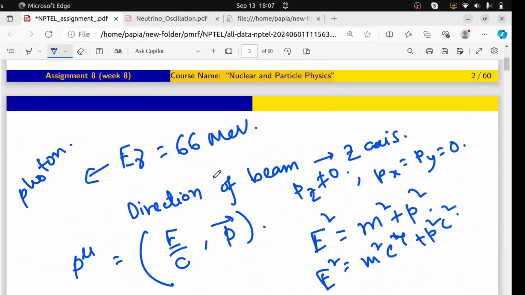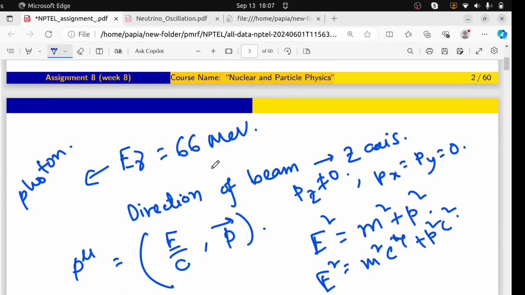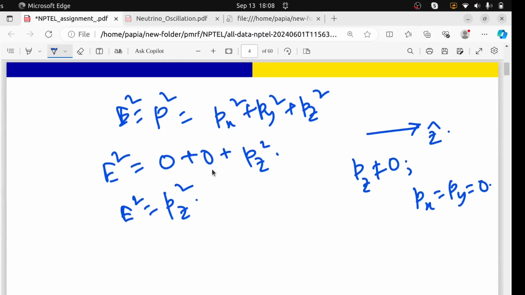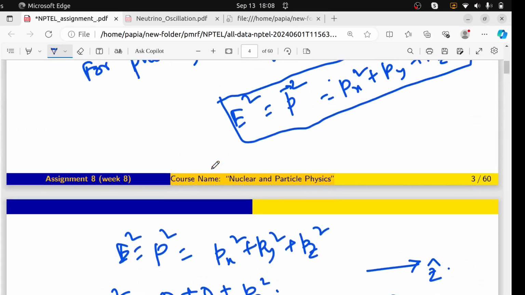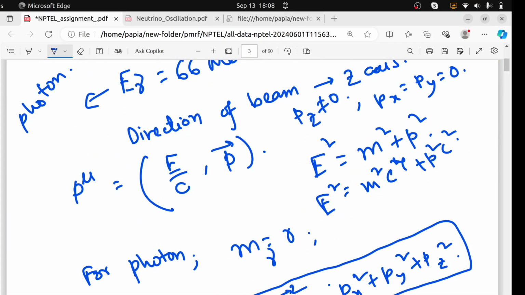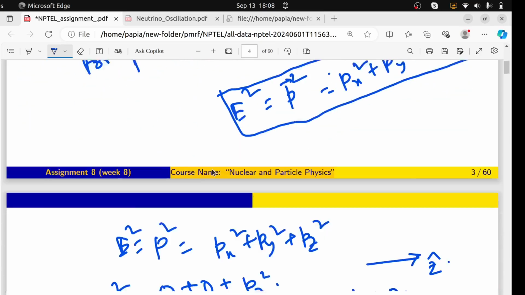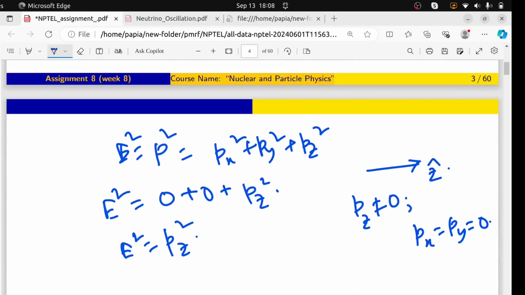Now we know what E is. E is already given as 66. Actually, I have to put the C here again. So that means E square equals Pz square C square. Let me write here with the correct notation.